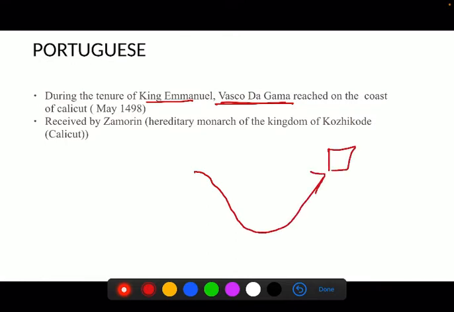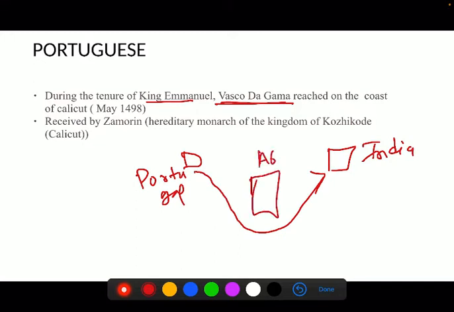From Portugal he came through this route, here to India, around Africa. This route was known as the Cape of Good Hope.